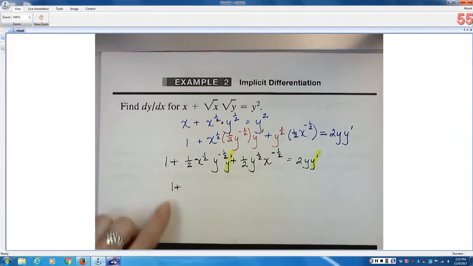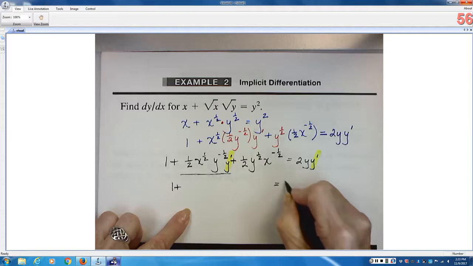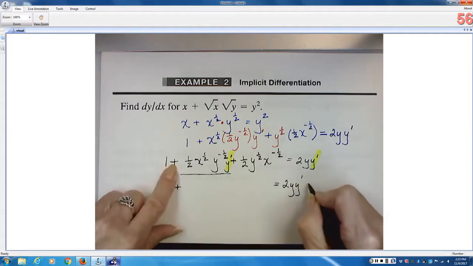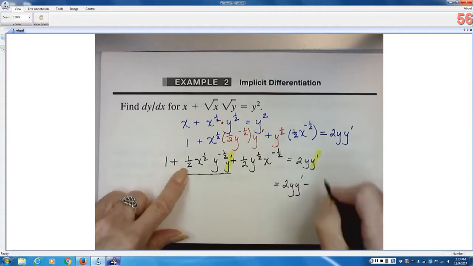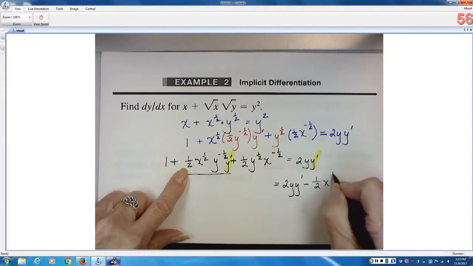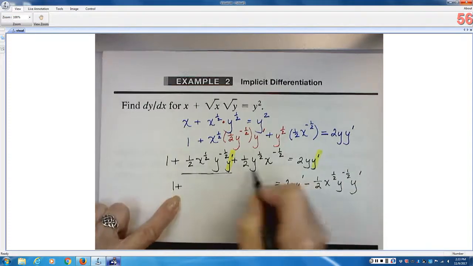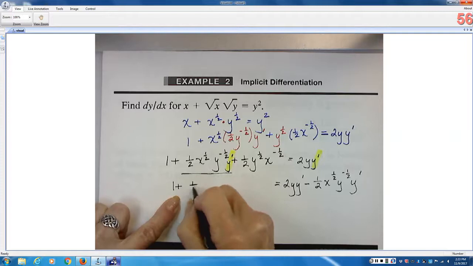One plus, and I'm going to move this whole term. And since it's added, I'm going to subtract it. And then I'm going to keep this one over here.